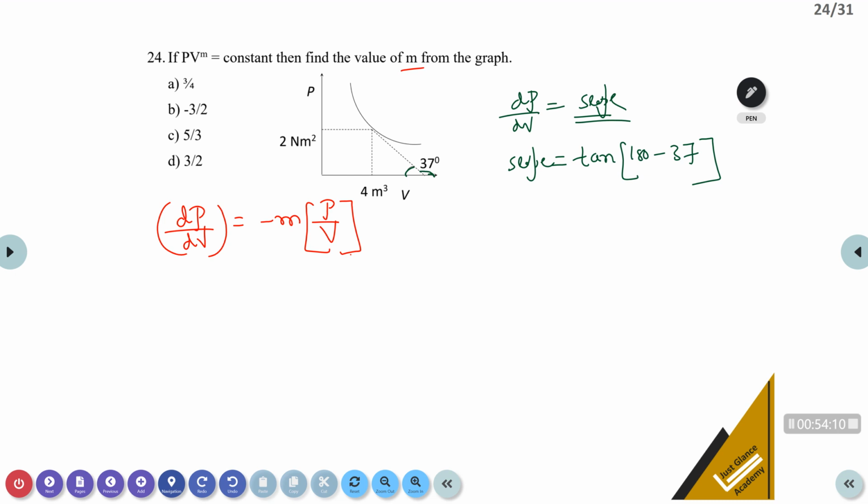Of course, tan of 180 minus theta equals minus tan 37. Tan 37, we know this, I told you several times. This angle is 37 degrees, so this is 3, this is 4. So tan 37 equals 3 by 4.